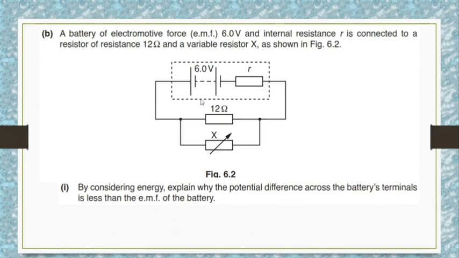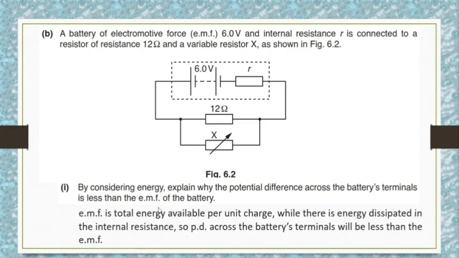So the EMF will not be the same as the potential difference. In terms of energy, EMF is the total energy available per unit charge, while there is energy dissipated in the internal resistance. So the PD across the battery's terminals will not be the same. It will be less than the EMF.